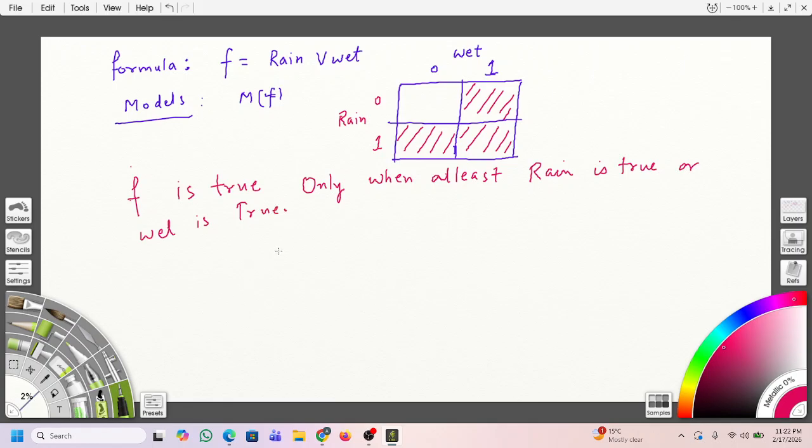So here you can say that a formula compactly represents a set of models. The key idea is compact representation. What this formula is basically showing is this particular set of models, compactly.